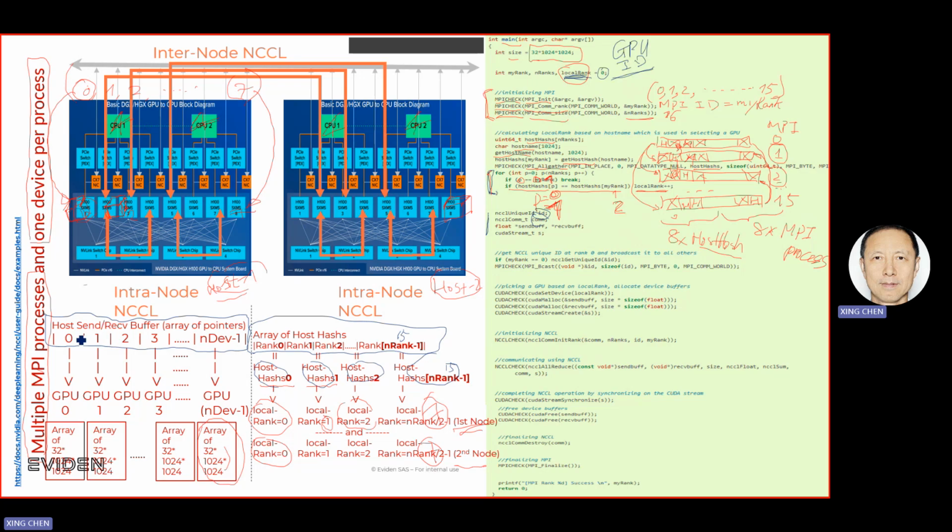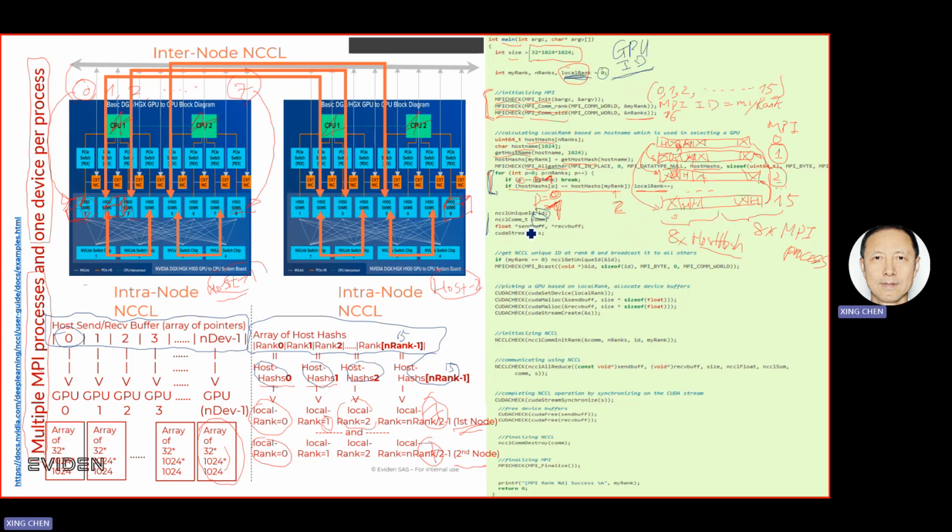You have a one-dimensional array which hosts the pointers of the buffers. Your one-dimensional array is going to have 16 elements, and each element is a pointer to the location on the GPU where you are going to have the array. This is something we discussed in the previous part.